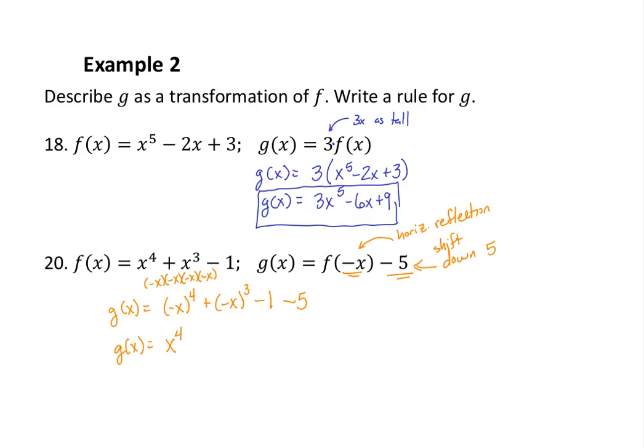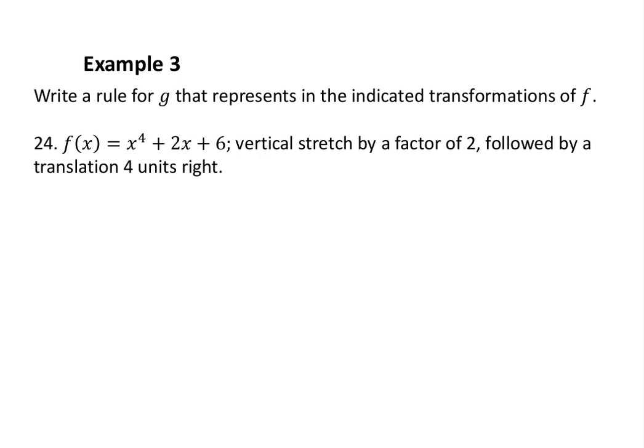Here this is an odd power term, so the negative survives. And we saw this when we did Descartes' rule of signs a little bit in one of the previous sections. And then negative 1 minus 5, that combines to make a negative 6. There's our simplified rule for g. Again, a lot of substituting and simplifying. That's pretty much it for this section.